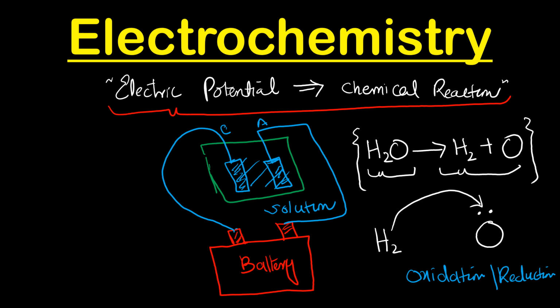The second way of studying electrochemistry is dissociation of a chemical solution by applying an electric field or by applying external potential.